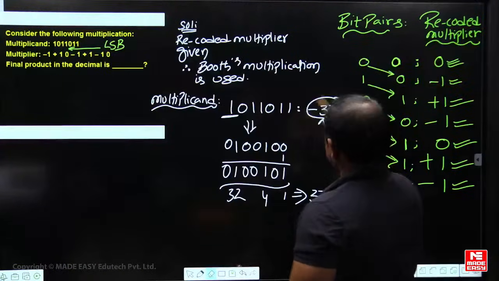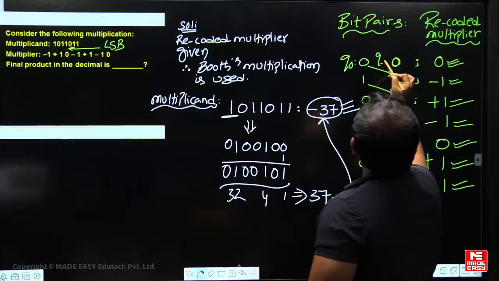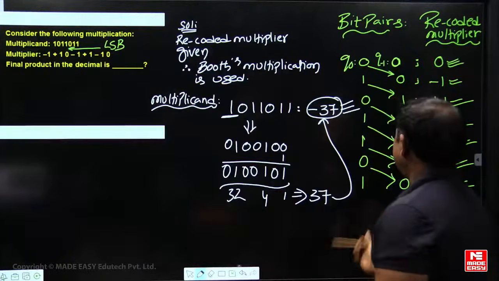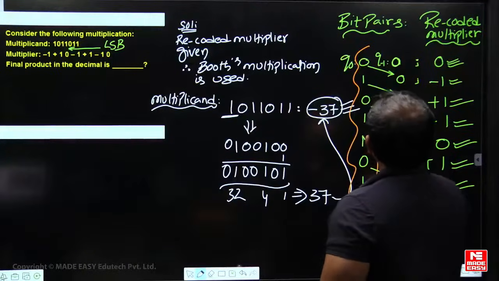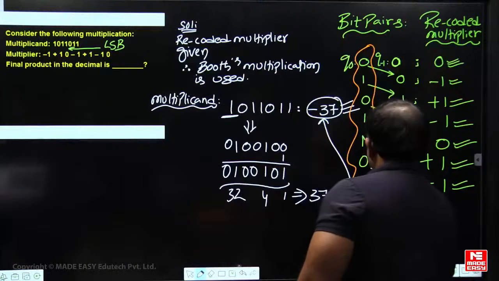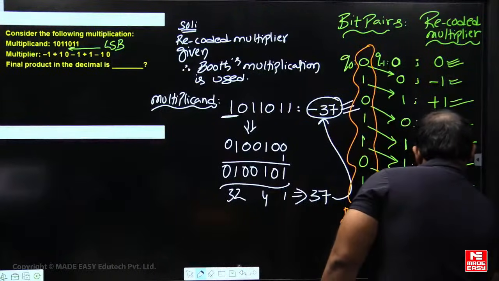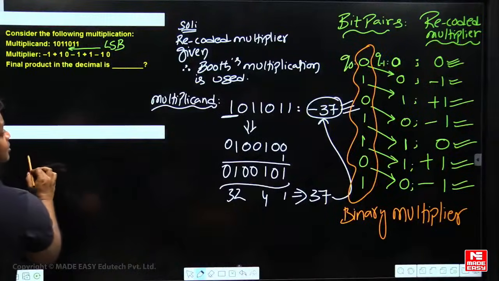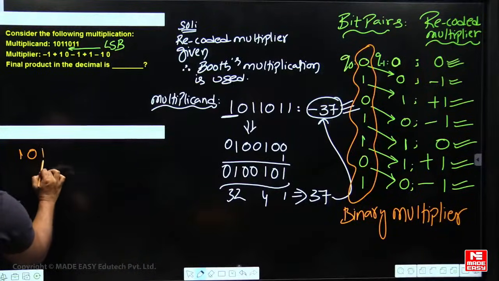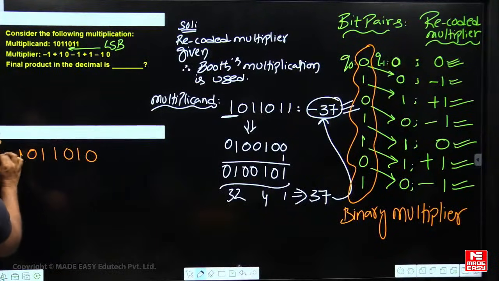You know this already. The Q naught position, this is Q subscript minus 1, assuming like this. Then binary multiplier is this. So now take the binary multiplier, that is 1 0 1 0 1 0. This is the binary multiplier.